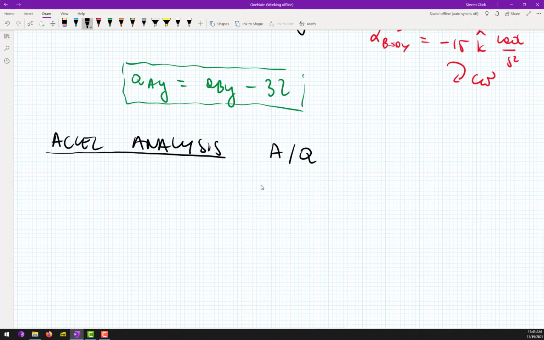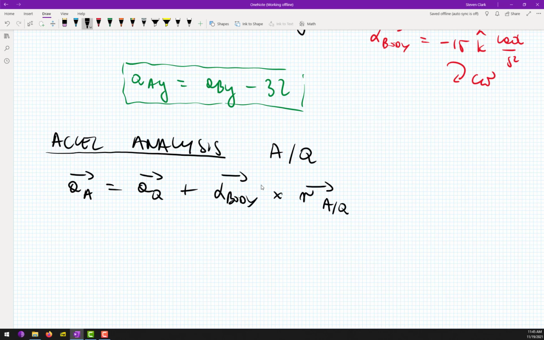Okay. So in here I will just write a_A is equal to a_Q plus alpha body times r_AQ minus omega body squared r_AQ. You guys told me that that will be 0, a_AY, 0.